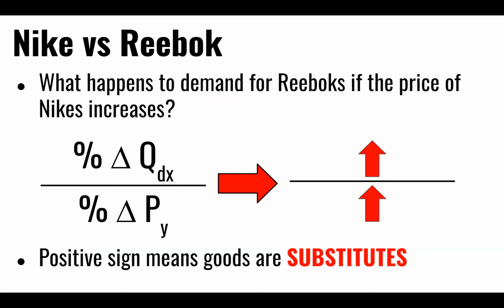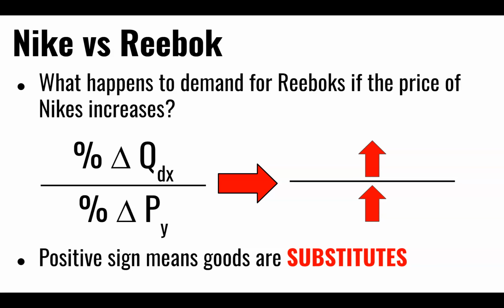For example, what happens to the demand for Reebok shoes if the price of Nikes increases? So I can write out the cross price formula, percent change in quantity demanded for one good over percent change in price of the other. And I can tell you that if Nike prices rise, that means that I will purchase fewer Nikes, but now I'm purchasing more Reebok.